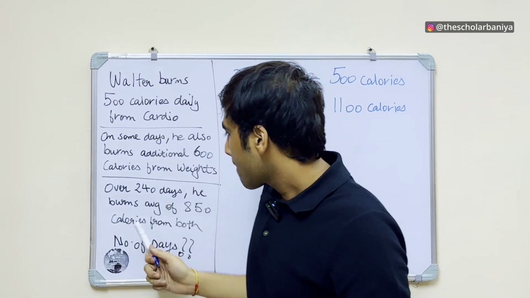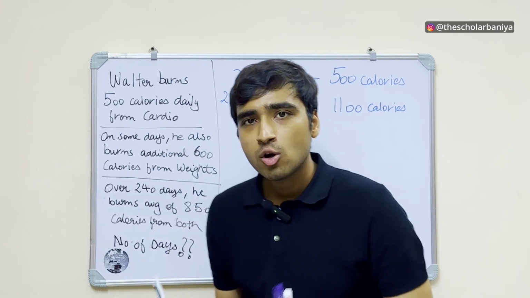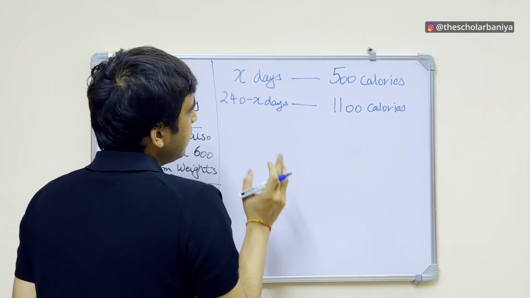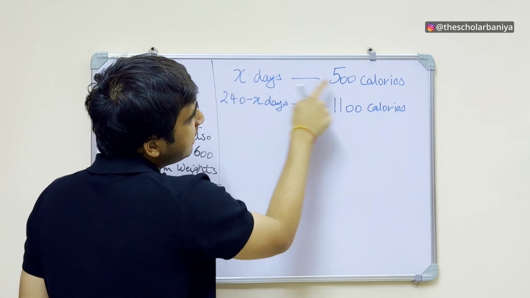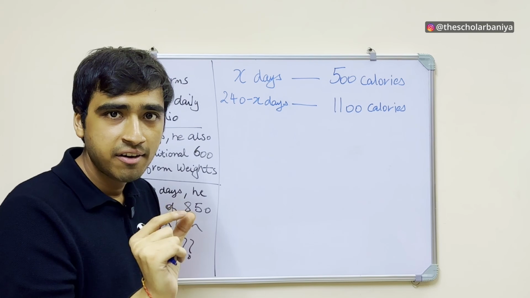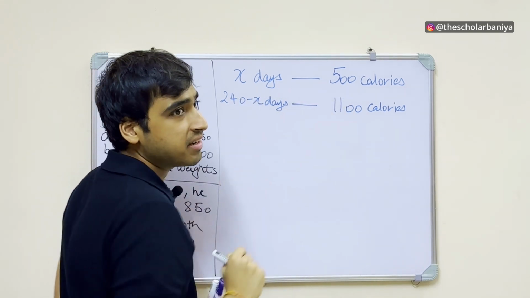We also know that over the 240-day period, he has burnt an average of 850 calories, right? So on one day he burns 500 calories. So in X days, he'll burn a total of 500 into X, right? Because on this day, he's burning 500 calories.